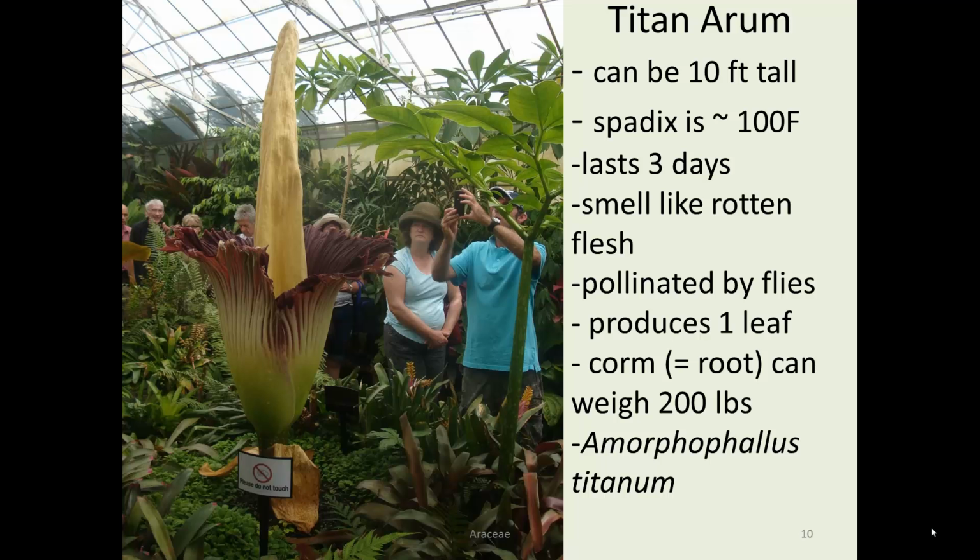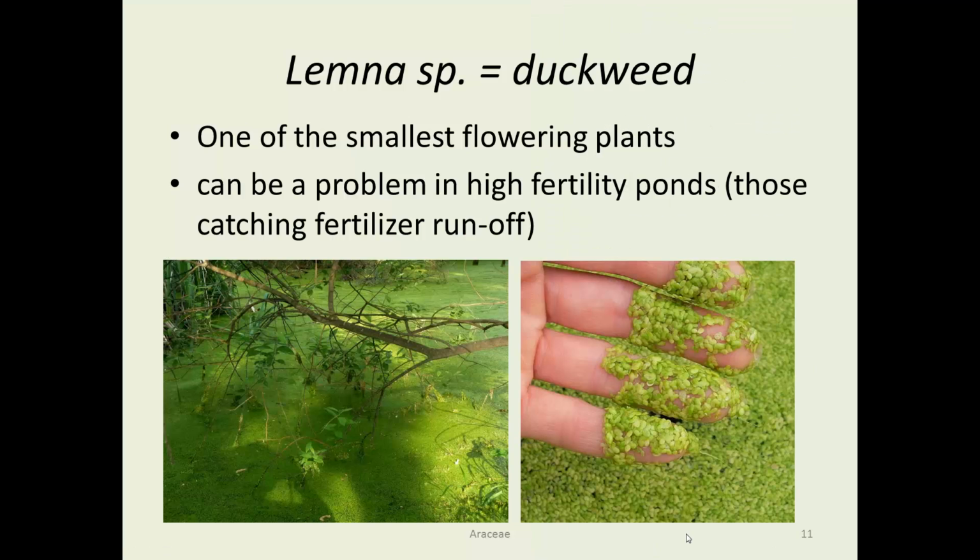And a lot of these, because they're so novel, are around the world in different greenhouses. And I read that one that was at Kew Gardens in London, a very famous botanical garden, they went to transplant the corm, which is a specialized underground storage structure, and it weighed 200 pounds. So these are beefy plants, very unique.